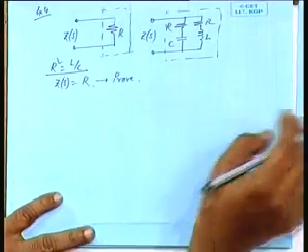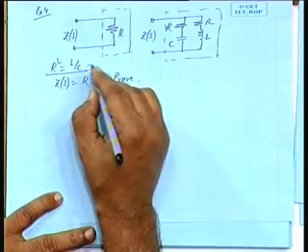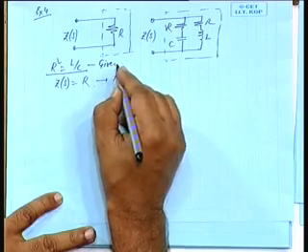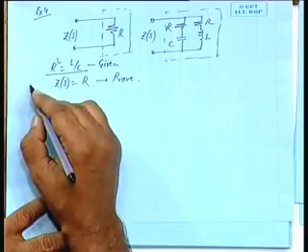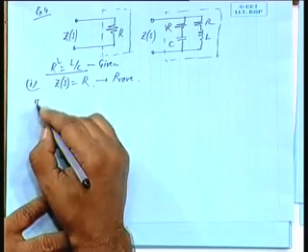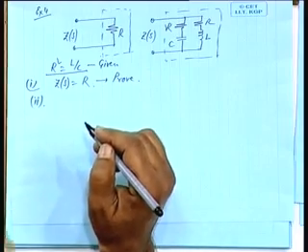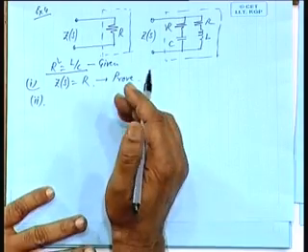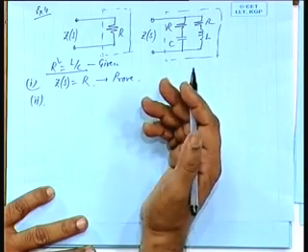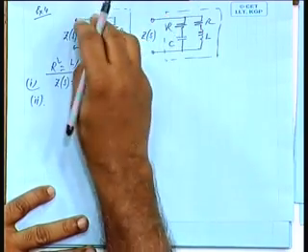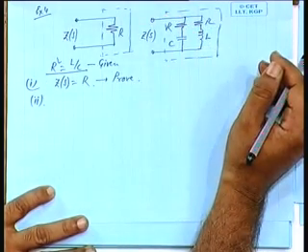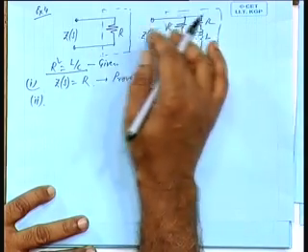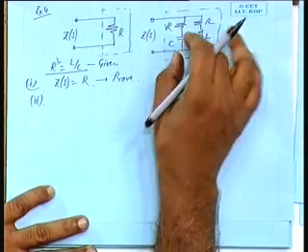The second part of the question is, this is given, you have to prove this. This is part 1. Part 2, by any measurement, any external measurement, can you identify this one from this one? Can you identify that this is a pure resistance and this is not?